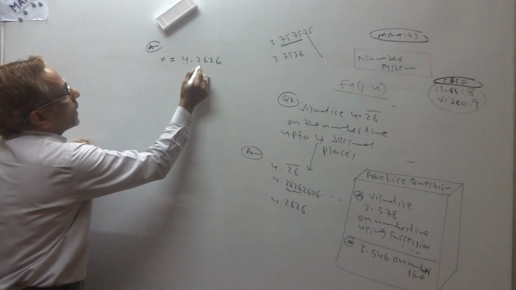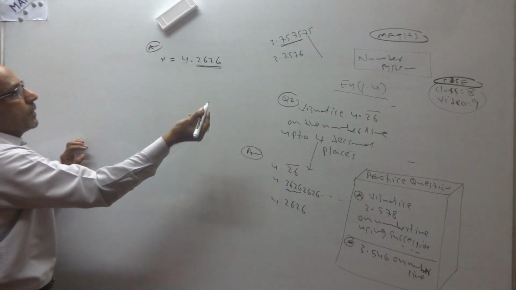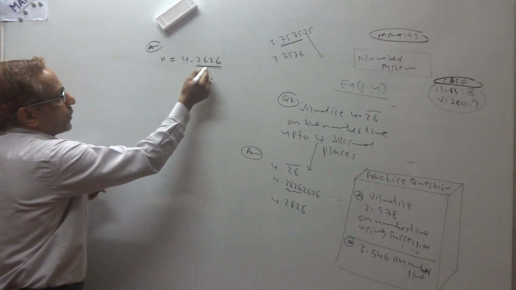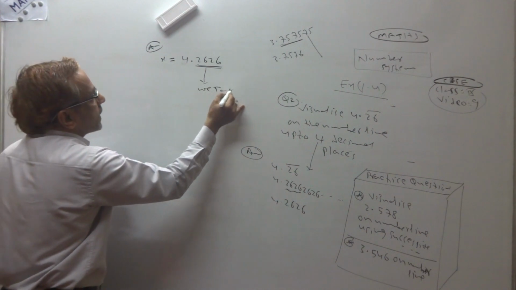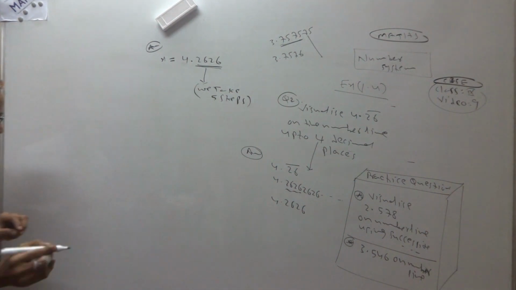After decimal, how many places are there? There are 4 places. If there are 4 places, so we take 5 steps. Please see.